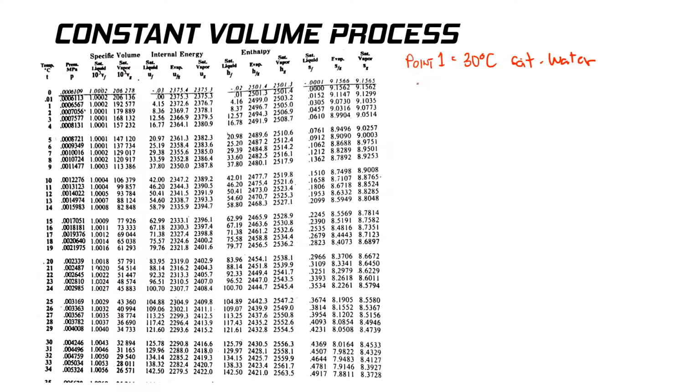First we need to find the specific volume and the specific internal energy at a saturation temperature of 30 degrees C. Looking at the steam table, our specific volume Vf is 1.0043 times 10 raised to negative 3 cubic meters per kilogram, and our specific internal energy is 125.78 kilojoules per kilogram.